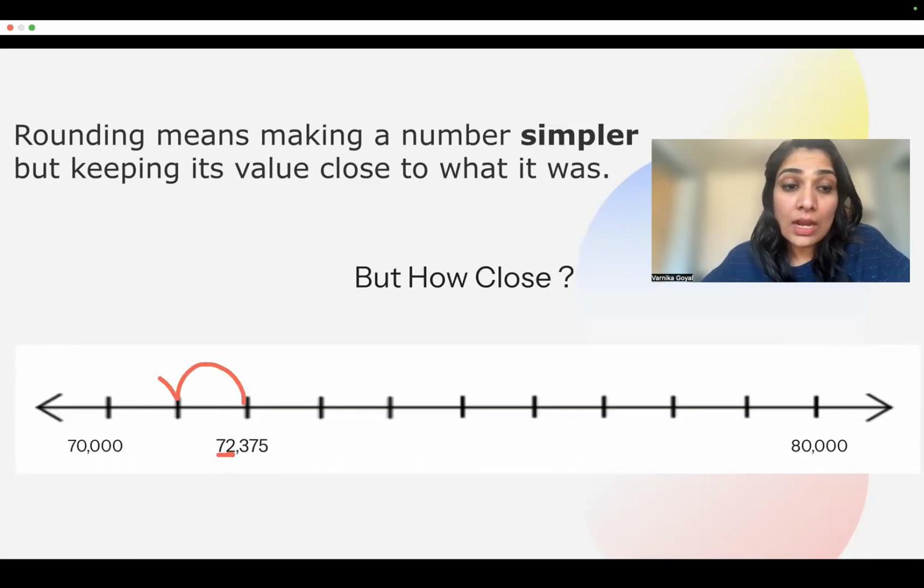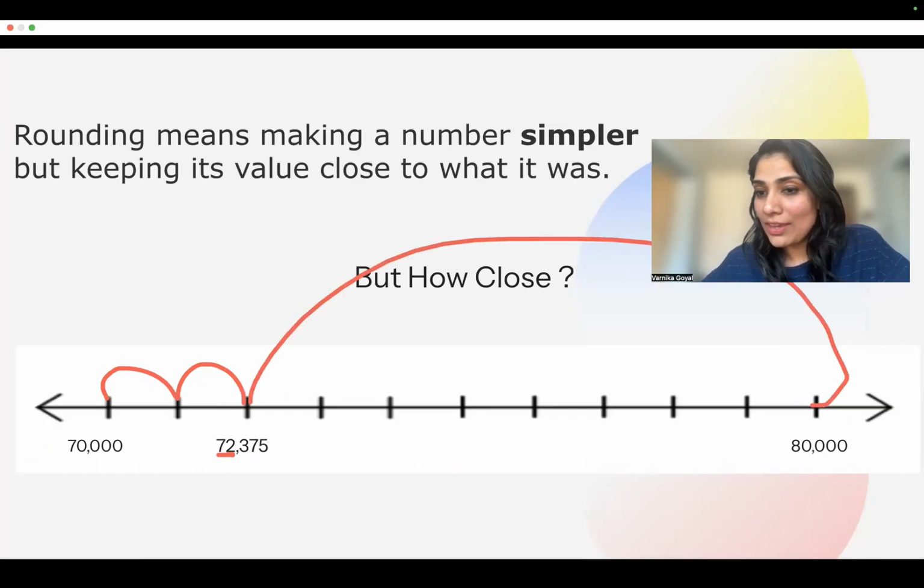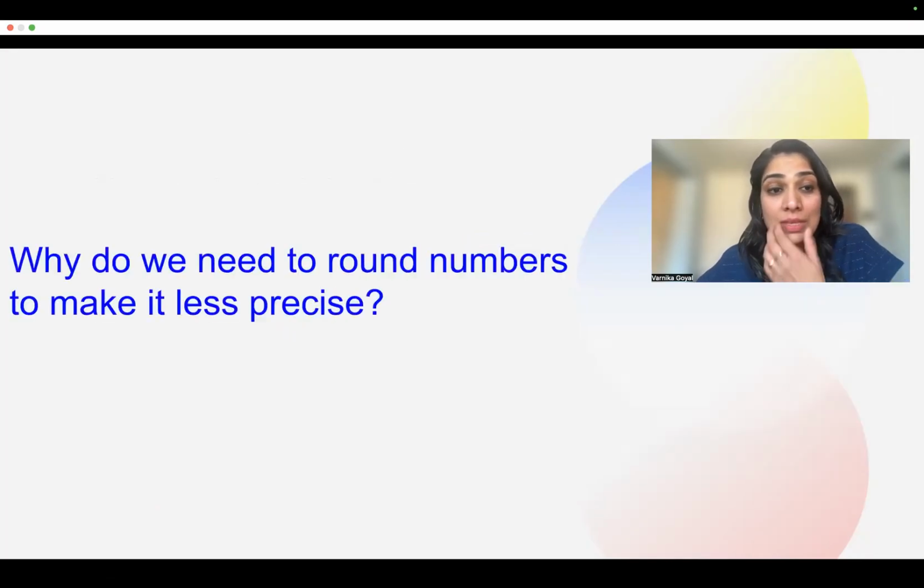I can see there are 2 hops, while to go from here all the way here, there are 1, 2, 3, 4, 5, 6, 7, 8. It's a long distance, right? So the closer is 70,000. But do you think we should draw a number line every time for each number? That's doable, but would take a lot of time if we are trying to solve our problems.